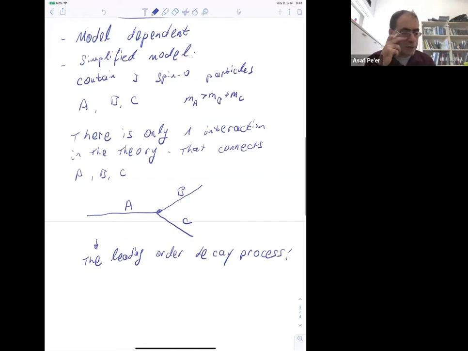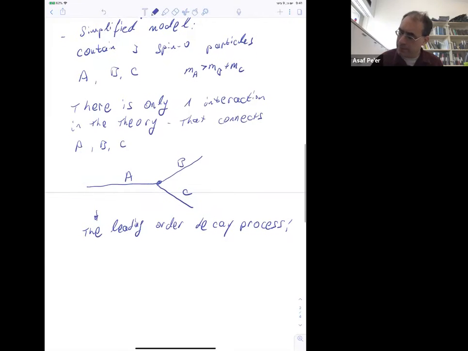Last week I showed you that one can think of other ways for the particle A to decay, but that would involve third order, higher order corrections, within this simplified model.